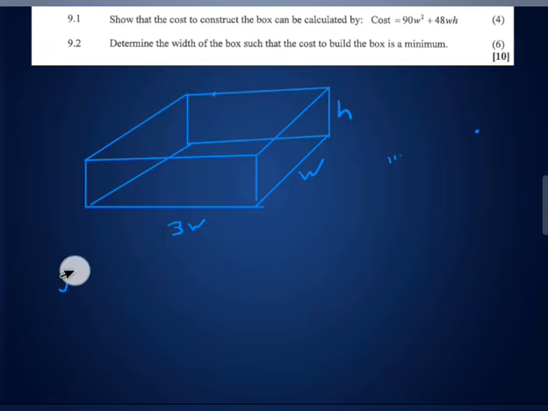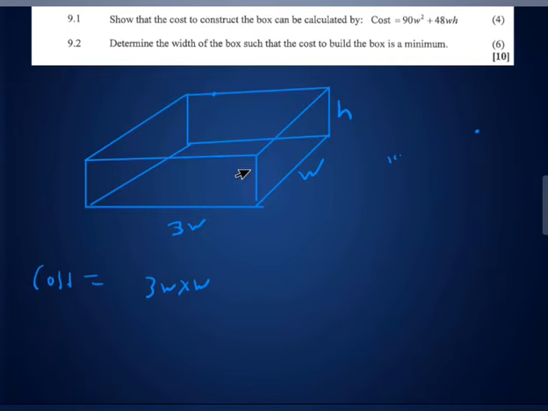So the cost also depends on the area. So the cost is based on the surface area. So now what is the area of the bottom part? The area of the bottom is a rectangle, so it's length times breadth, right? So it means it's 3W times W. But we've got a problem. The cost is per square meter. So every time they say per square meter, you have to multiply the area by that cost, right?